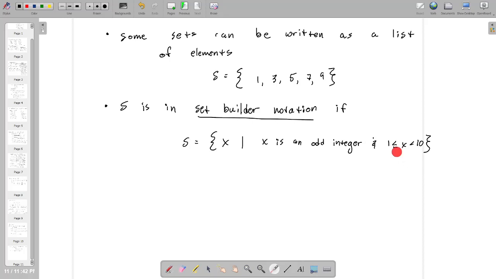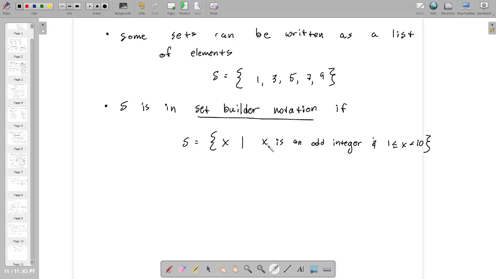Now I note here that we have x is greater than or equal to 1, or 1 is less than or equal to x is how I should say that. And then we have x is less than 10. So x here is between 1 and 10, where 1 is included in the set and 10 is not.